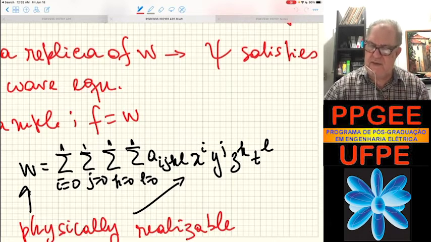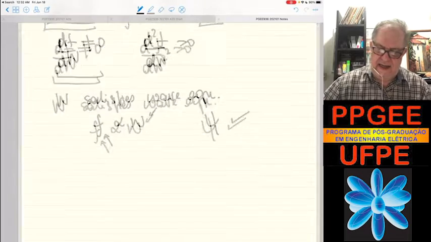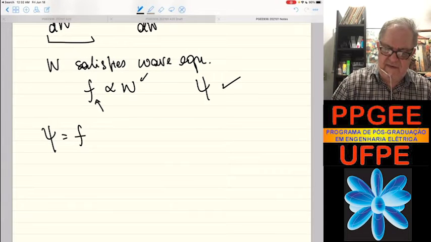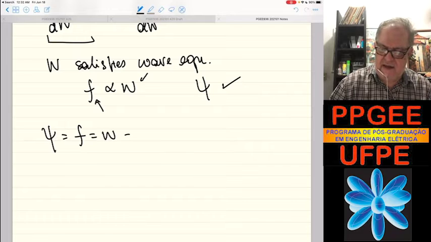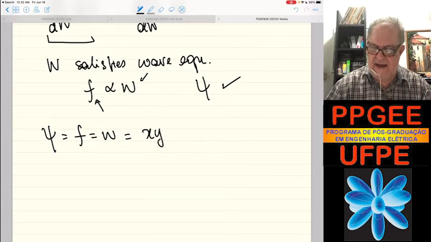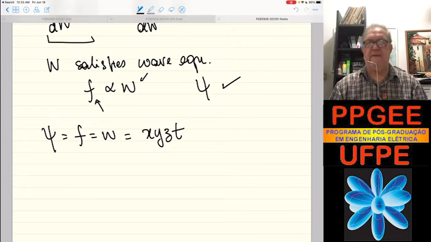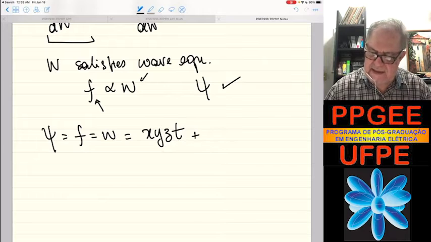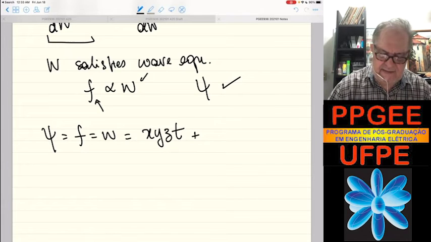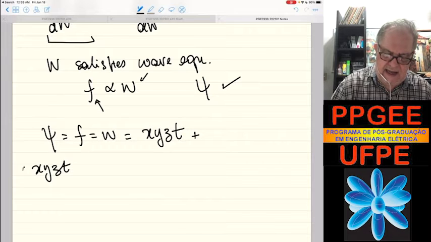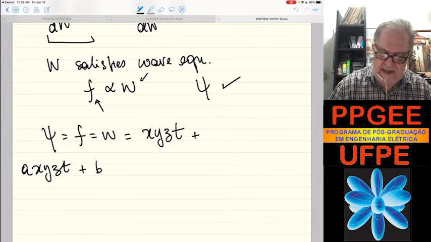Let's make the most general case. Assume that the solution f equals w equals something like this, with a constant, x, y, z, t. I can have that. I can have this plus, I can do something like this: x, y, z, t, a plus b, x, y, z, plus.